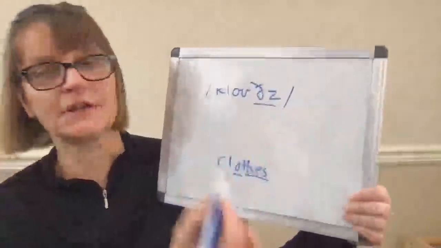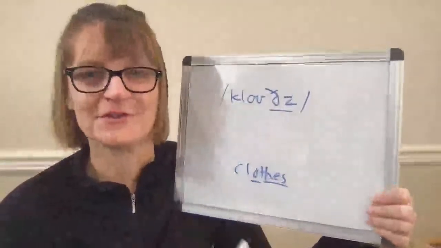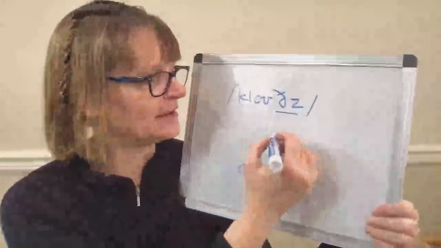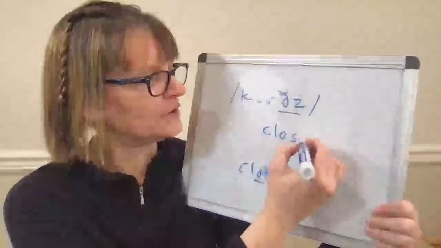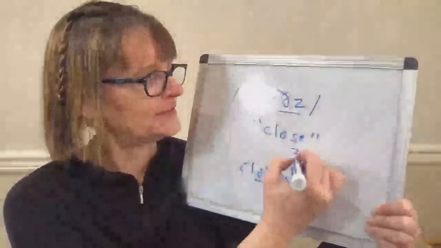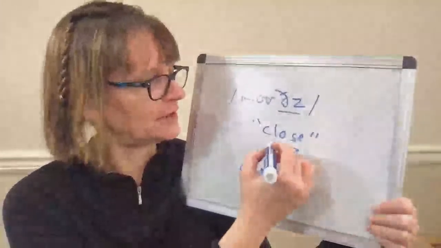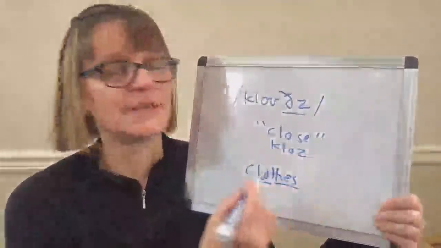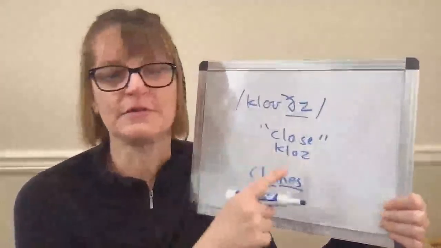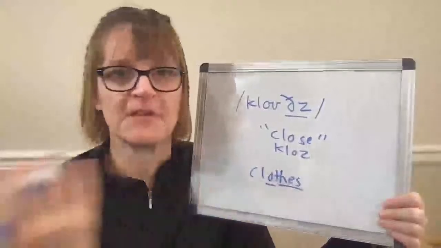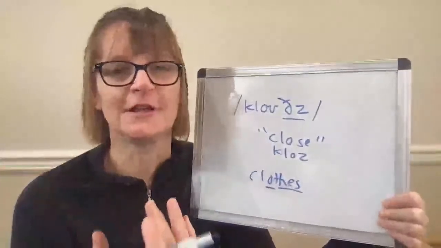What most native speakers do is first just work on saying it like the word close with a Z sound. Clothes. So most people will say my clothes. My clothes are in the laundry. My clothes are in the closet.